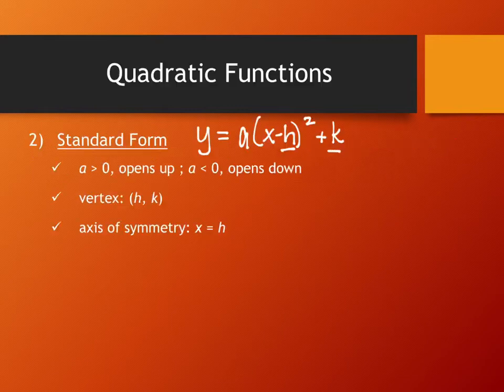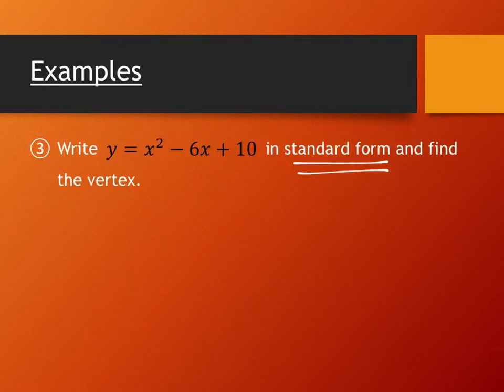So standard form was this one, a times x minus h squared plus k, right? That's what I'm looking for. So how do I do that? Well, it's something you guys still don't like, and we've done it twice. It's called completing the square. Yeah, we're right back there. So we're going to give it a go.